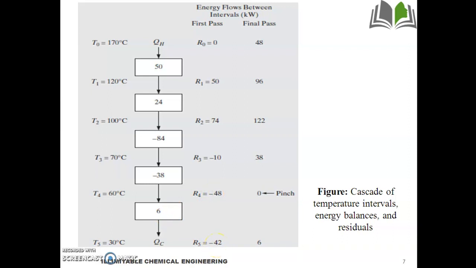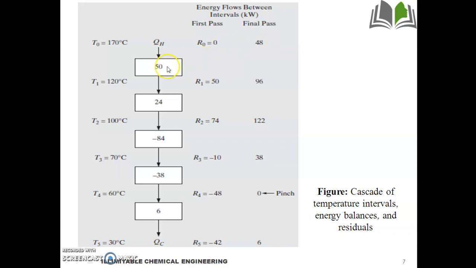This first pass decides how much energy we need to provide. So the largest negative number we will consider as the energy to add in the final pass in a positive manner. So that is R4, minus 48. We'll add 48 kilowatt energy in the final pass.